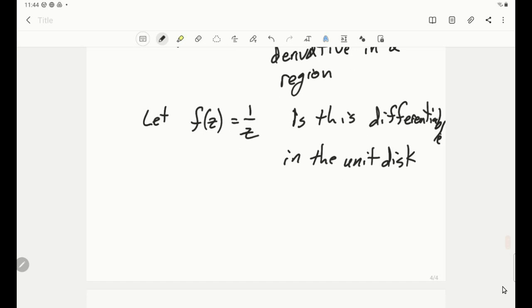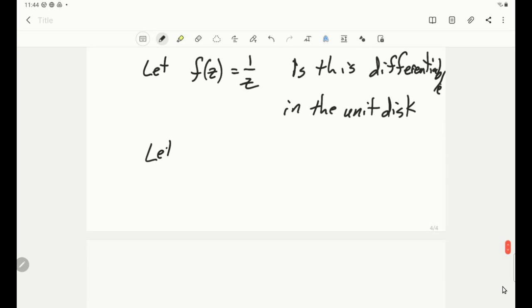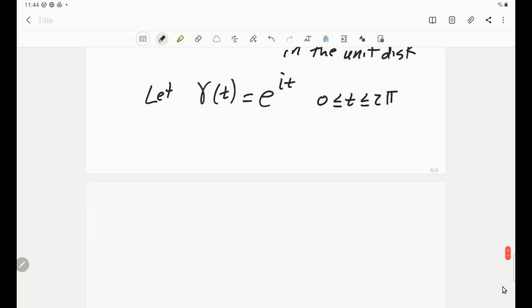So what we do is we let gamma of t be e to the it, 0 less than or equal to t less than or equal to 2 pi, and that means that gamma prime of t is equal to i e to the it.